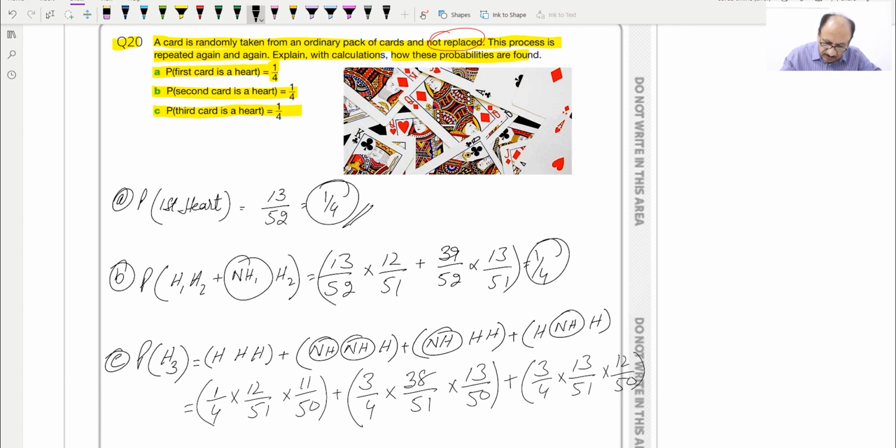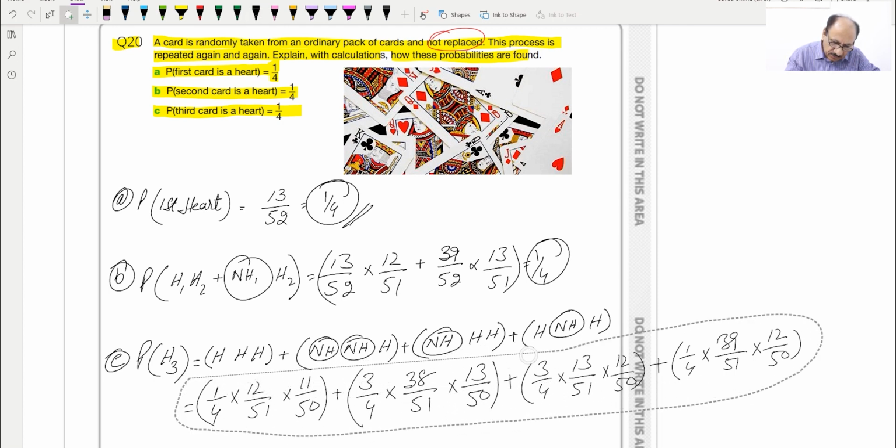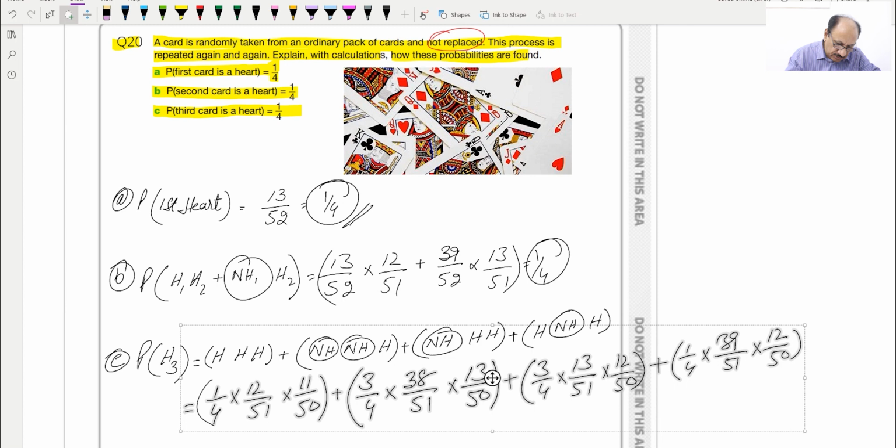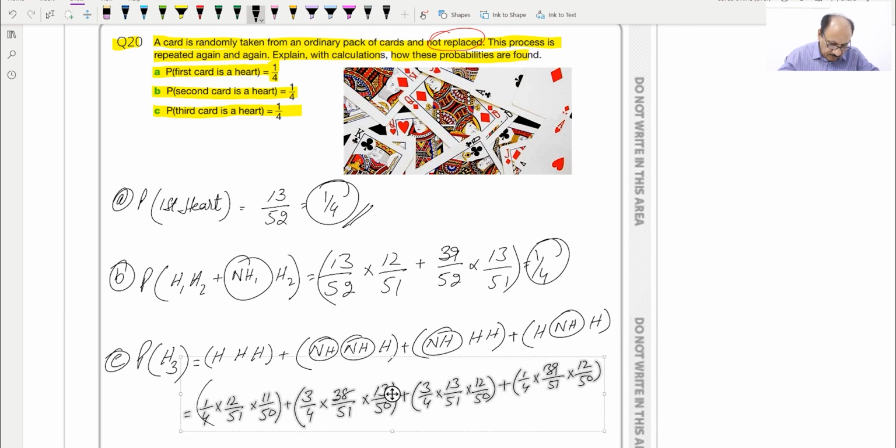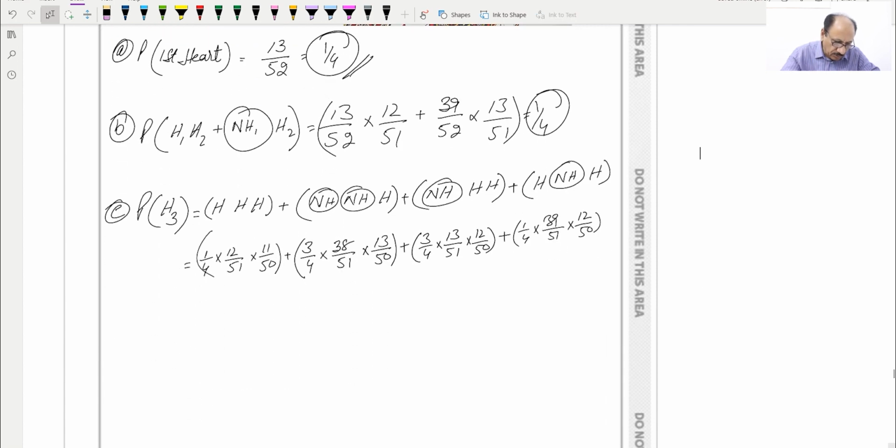And the last one, which is first heart, which is 1 by 4, and second not heart will be 39 by 51, and the last will be 12 over 50. So these will be the probabilities which we have written. Now we can adjust the size so that we can show here, and these are the probabilities. Hopefully you understood this.